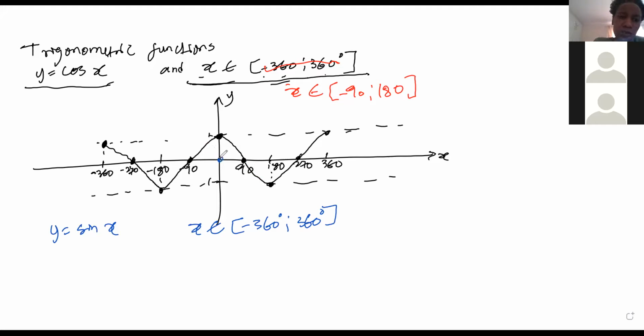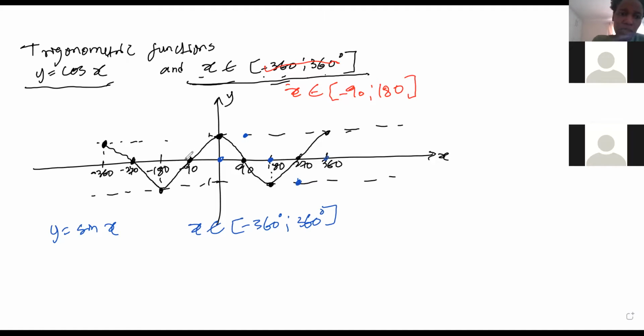Sine 0 is 0, sine 90 is 1, sine 180 is 0, sine 270 is minus 1, and sine 360 is 0. So this is going to be your graph. This is your sine graph.